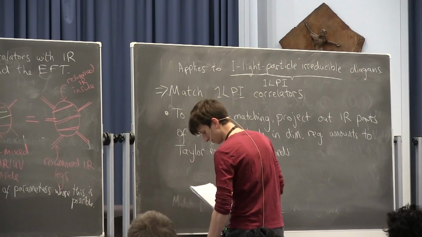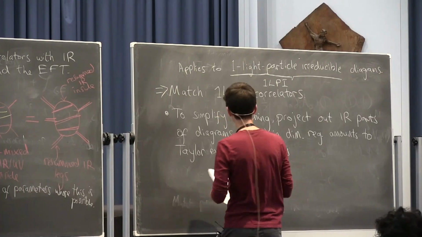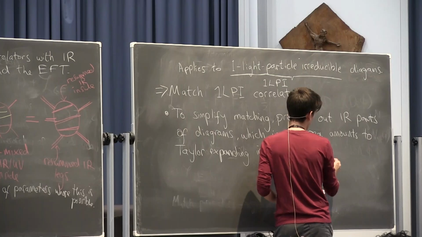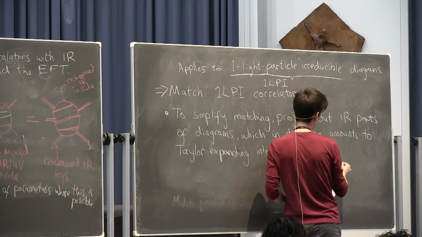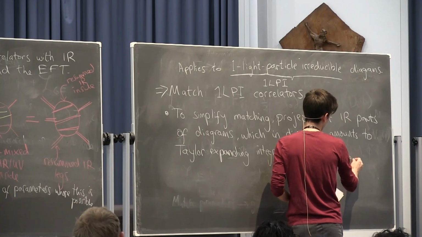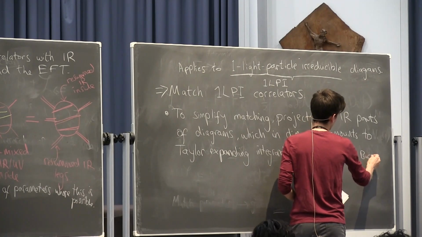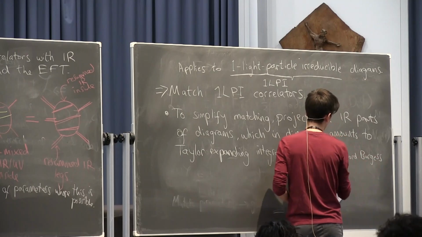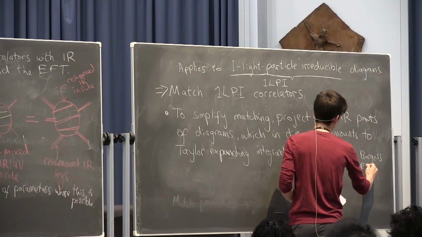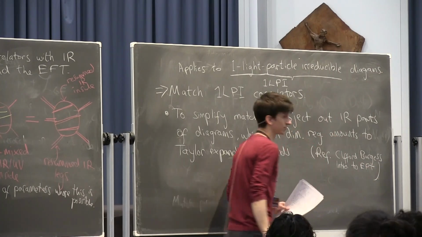Let me give you a reference for this, because this is a bigger topic than I have time to cover. Clifford Burgess, Introduction to Effective Field Theory, covers this topic in some depth.